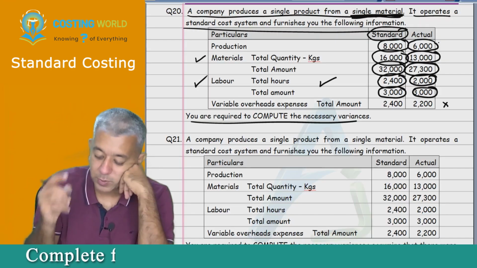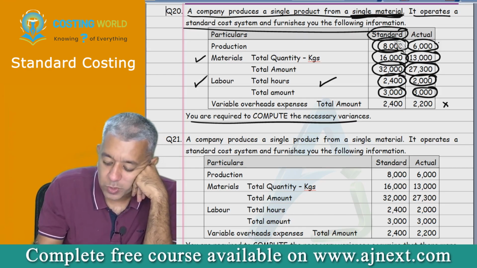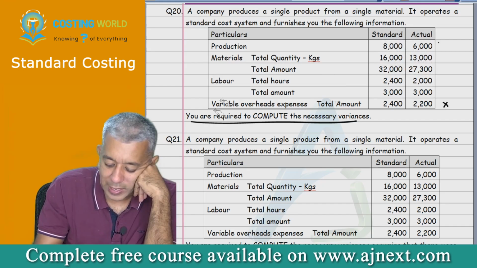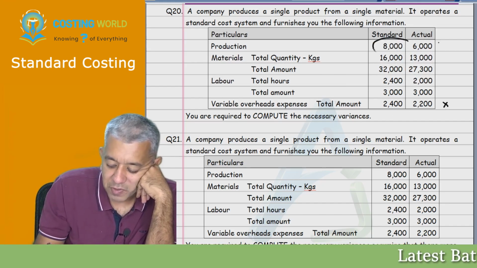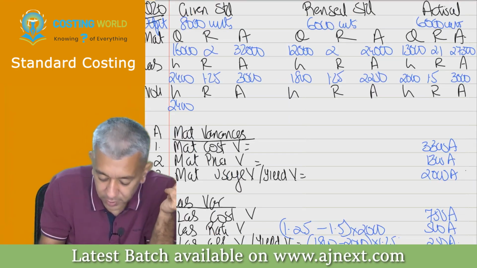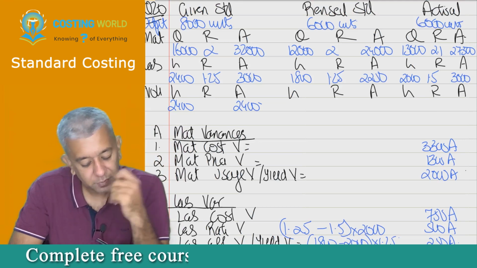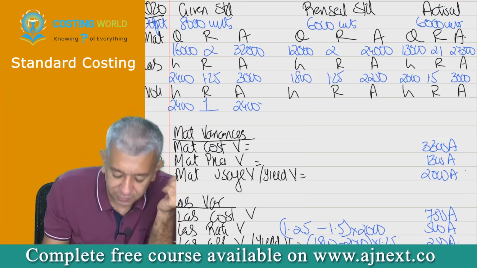Now check your textbook please. For producing 8,000 units, variable overheads, that is your electricity expense, should have been 2,400. So write down over here 2,400. Obviously, the standard rate of electricity is 1.